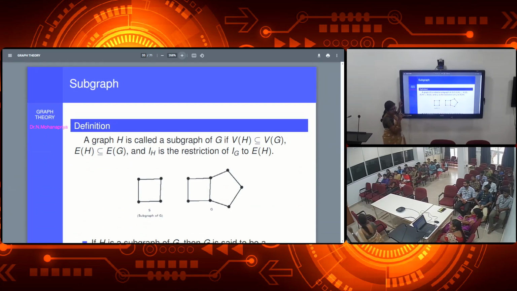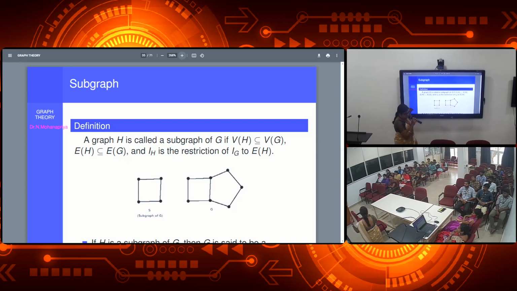Subgraph. Subgraph, as you all know, comes from the subset. So what is a subset? A set which arises from an original set. Am I right? A subset is nothing but a set which arises from the original set. The same thing here, I am considering a subgraph with a certain number of vertices and edges from the original graph. That is nothing but a subgraph.